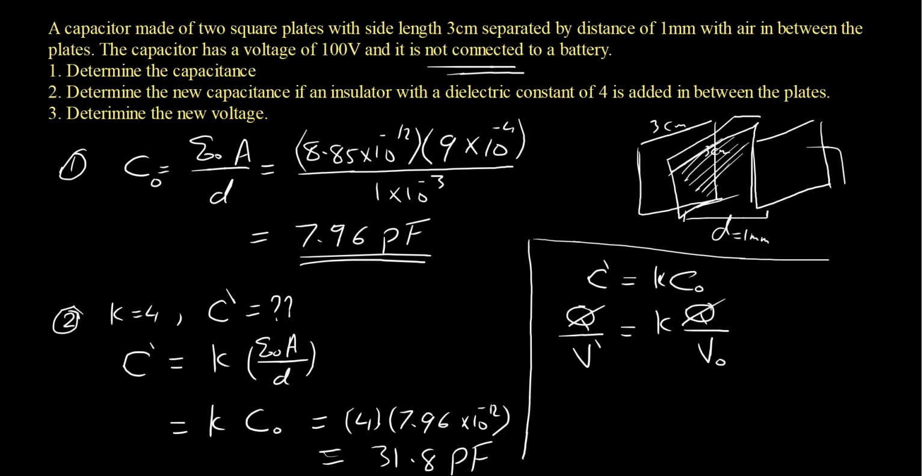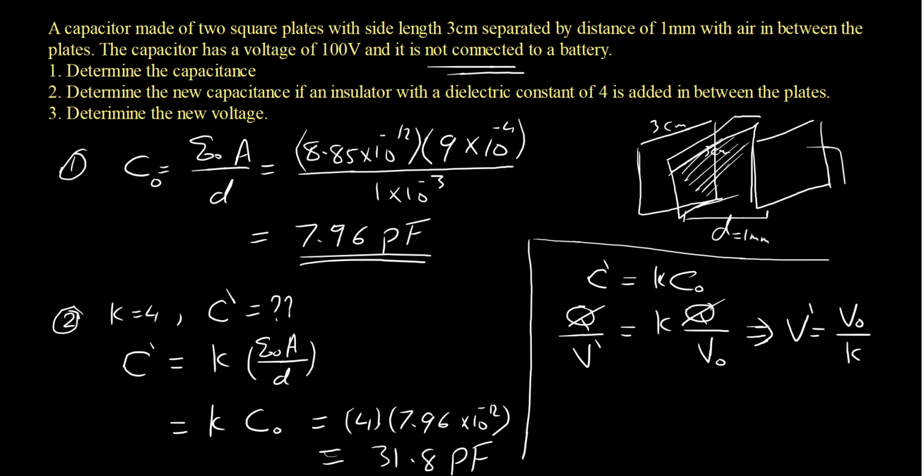So it is the same amount of charge before and after disconnecting the battery. So these Q's will disappear, which means I will have this magical formula where the voltage of a capacitor with a dielectric equals the initial voltage divided by the dielectric constant.